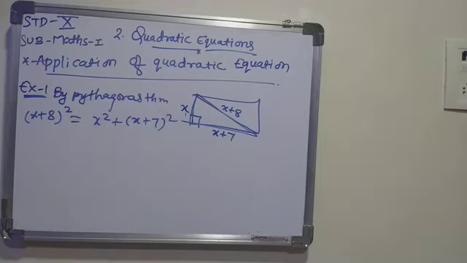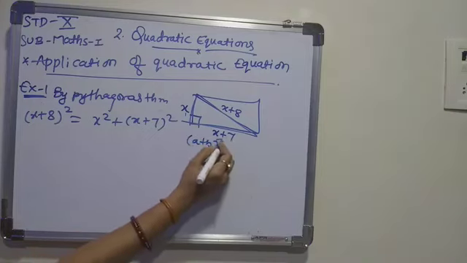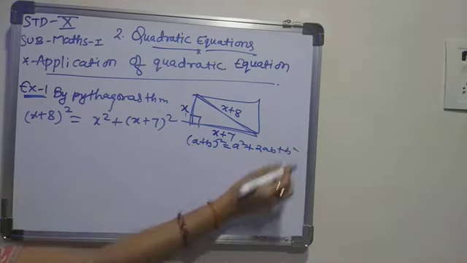Expand this by using the identity a plus b whole square. Now what is a plus b whole square? a square plus 2ab plus b square.